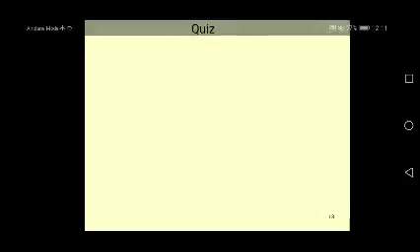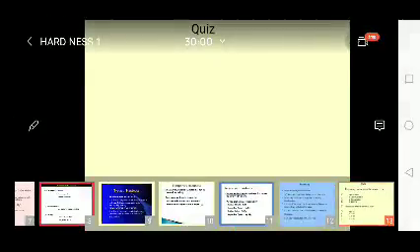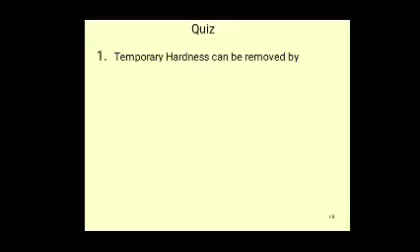Now, quiz questions. First one: temporary hardness can be removed by: Option A, filtration.